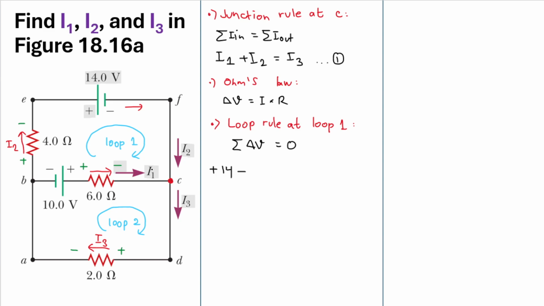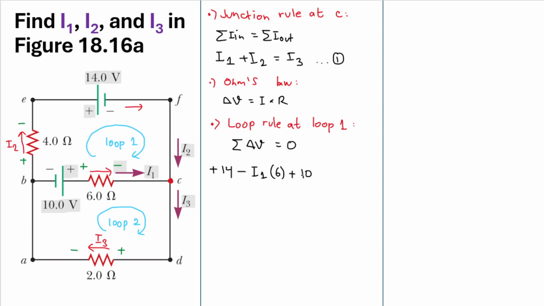This current is I1, so I will have I1, multiplied by the resistance, which is 6 ohm. So I will have 6 here. Okay, now let's move on to this 10 volt voltage source. This loop will enter the positive side, so I will have plus, and then the value of the voltage is 10 volt. So I will have 10 there, right?